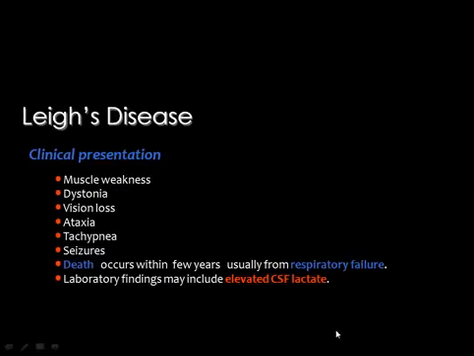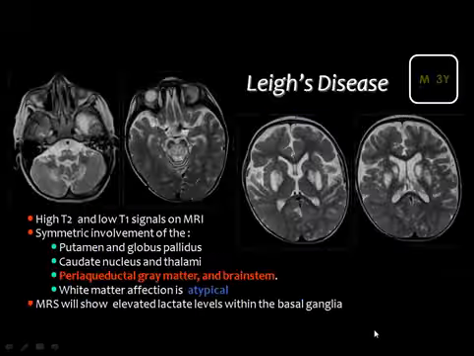Patients with Leigh's disease will present with muscle weakness, dystonia, vision deterioration, ataxia, tachypnea, and seizures, and death occurs from respiratory failure within a few years of life. Laboratory findings will show elevated CSF lactate.